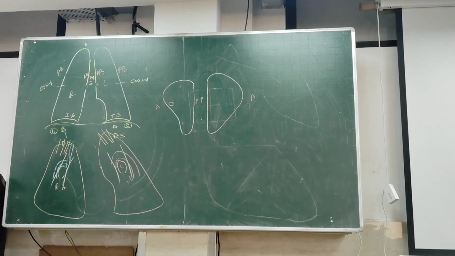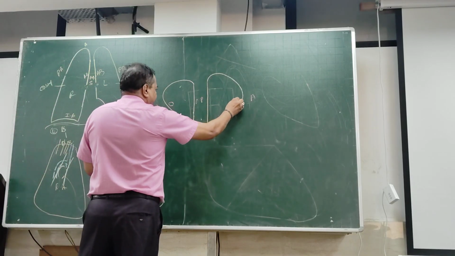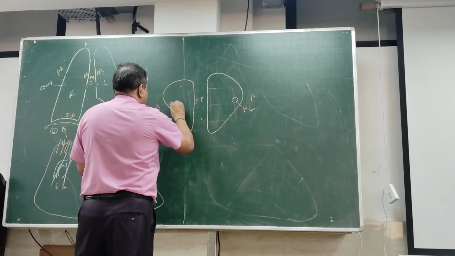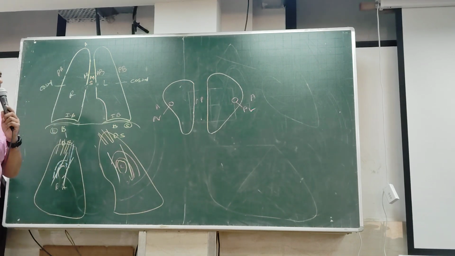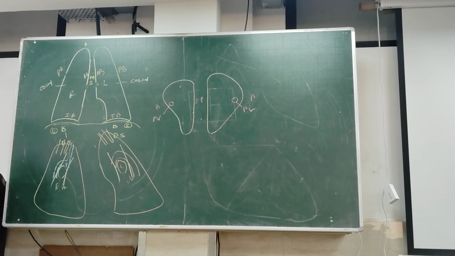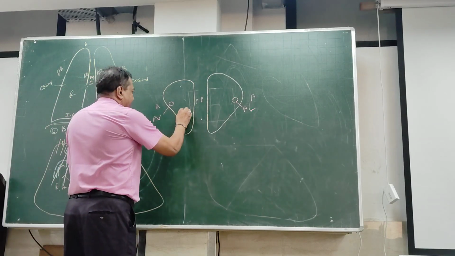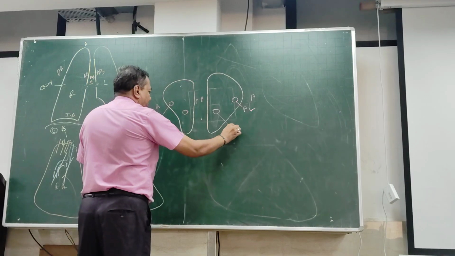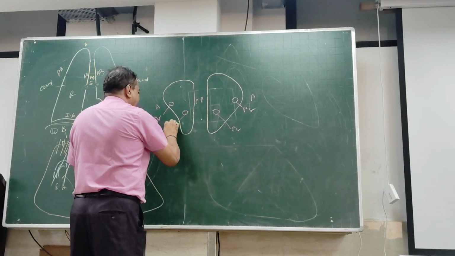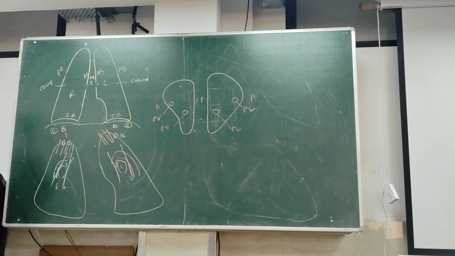Okay. The most anterior structure is the pulmonary vein, on both sides. The most inferior structure is also the pulmonary vein. There are two pulmonary veins.